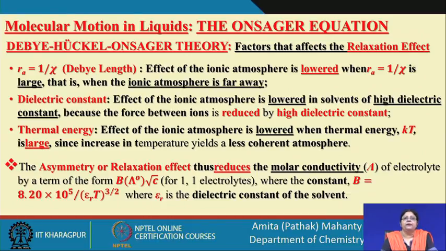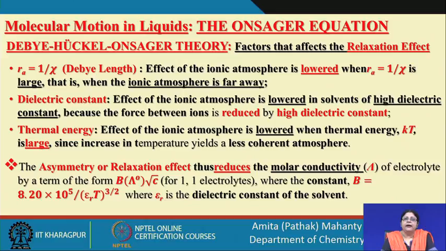Now, what happens regarding the dielectric constant? What is the dielectric constant? If you have a material or solvent with a high dielectric constant, what is an example of that? Water has a very high dielectric constant, around 80. So, if you have a solvent with a very high dielectric constant, the effects of the ionic atmosphere are again lowered.